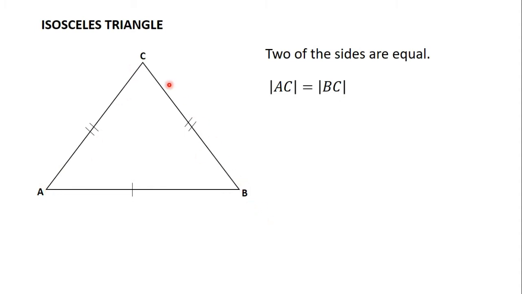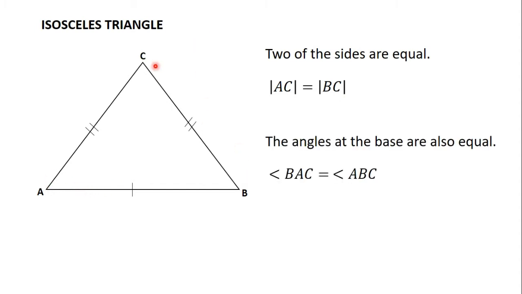So if you have a triangle with two sides being equal, then that triangle is an isosceles triangle. There is only one line here showing that the length AB is different from AC and BC.